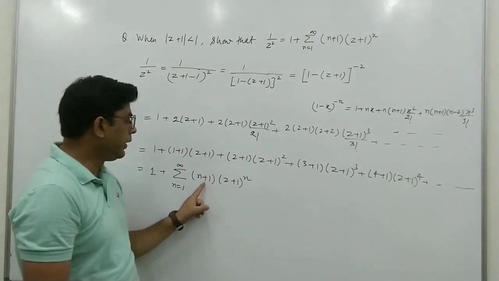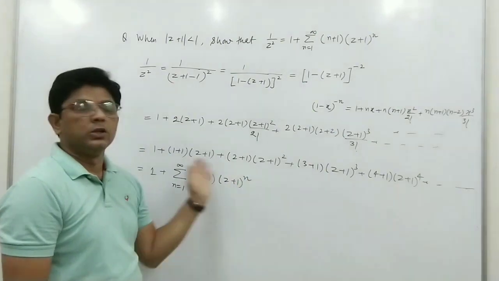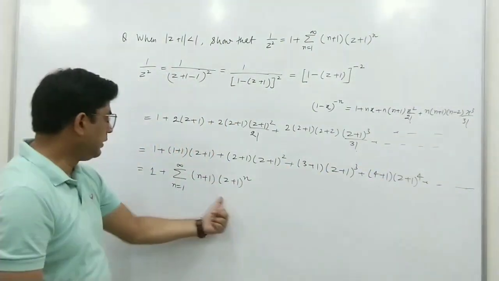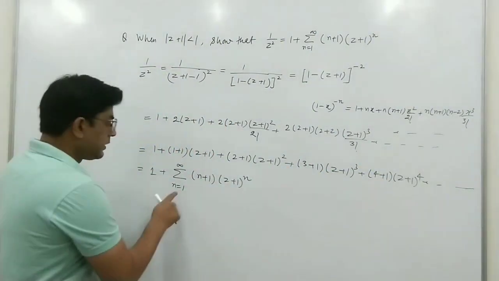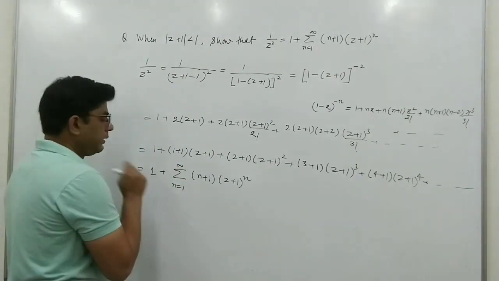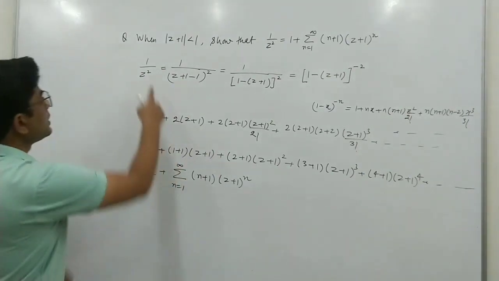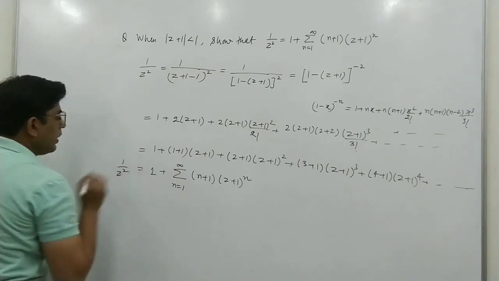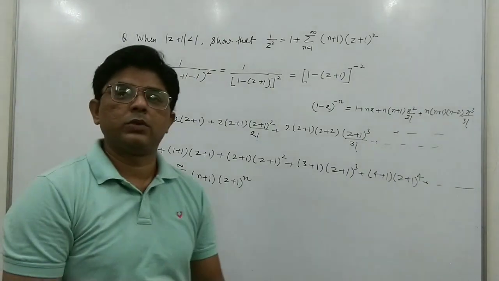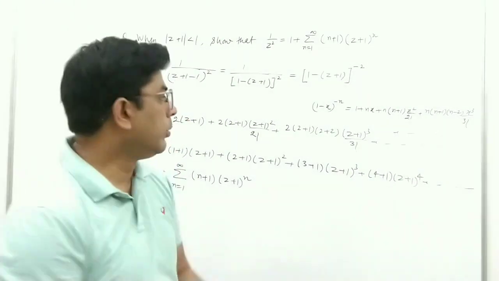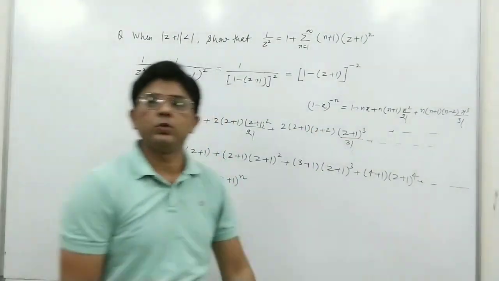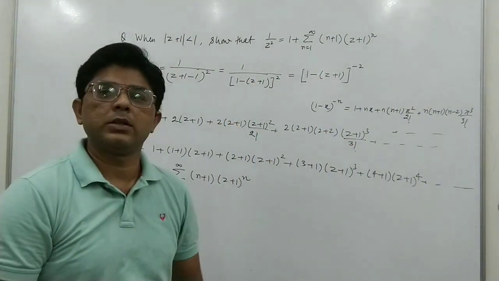If we put n equal to 2 here, this is 2 plus 1. Okay, so we can write this series in short in the form of summation as this. Here n is from 1 to infinity. Okay, and the 1 is here. So this is 1 upon z square. This is the expansion of 1 upon z square. So here we use the method of binomial theorem or binomial series to expand this function, to find the Taylor series of this function.